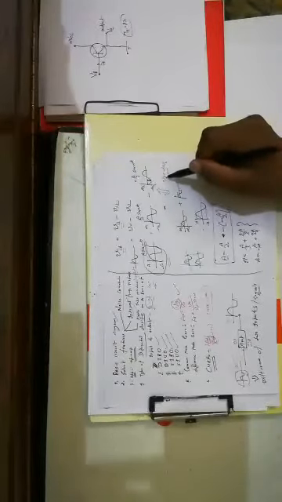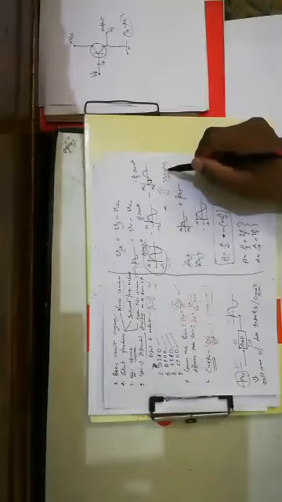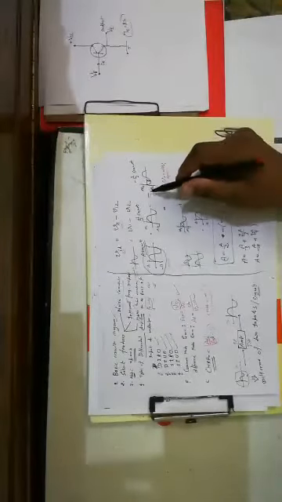The amplification is there, but the negative sign is indicating inversion, that is, a 180 degree phase shift. Here this signal will be 180 degree phase shifted, and the negative sign will be converted into the positive sign.